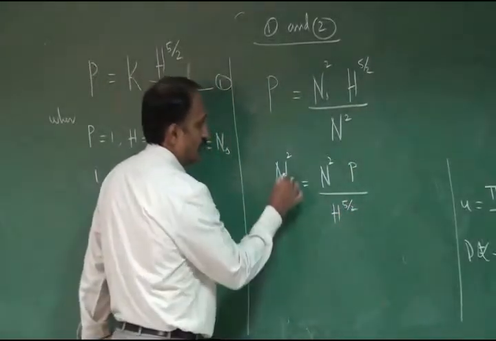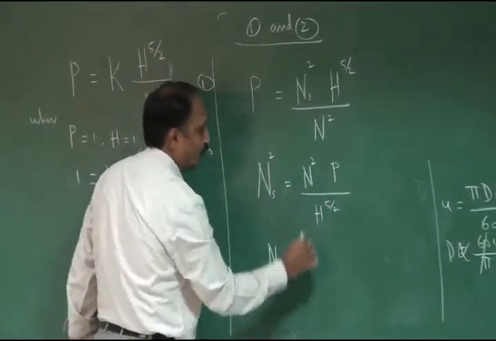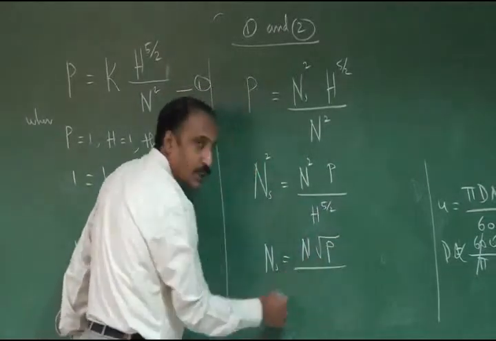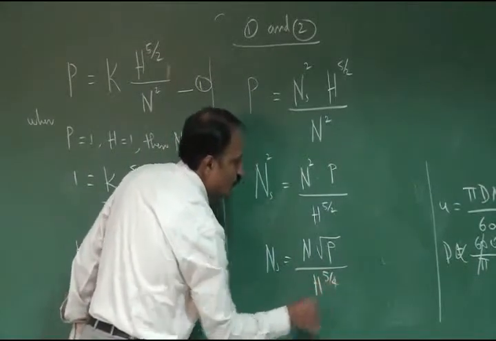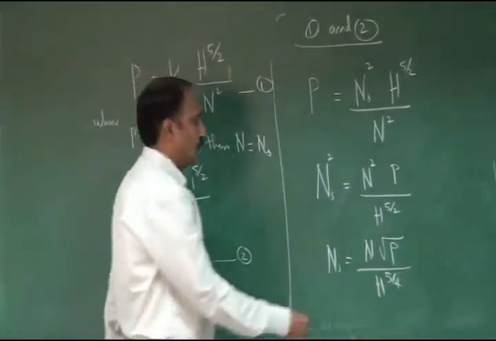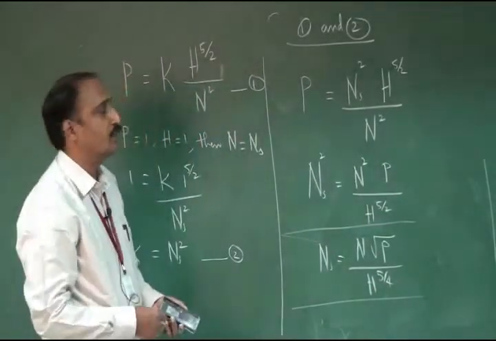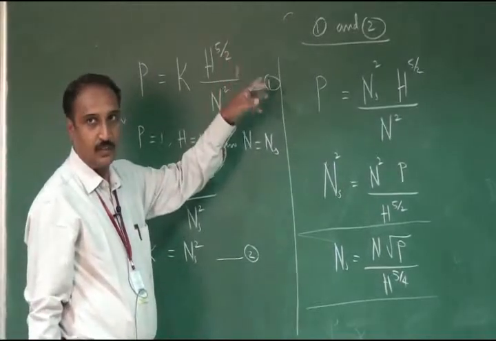By simplifying this, specific speed is equal to n times the square root of power divided by head to the power 5 by 4. So with this relation we can compare the different types of turbines with a specific speed.